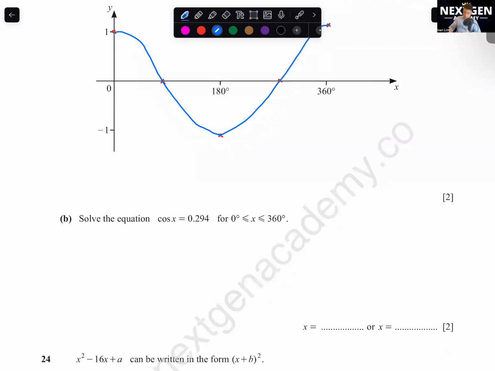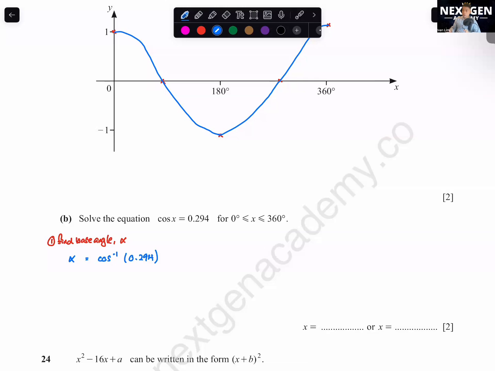The first step that you're going to do is find your base angle. We call it alpha. How to find base angle? You're going to write this like that. Alpha is equals to inverse cos 0.294. So you press into your calculator Shift cos 0.294.